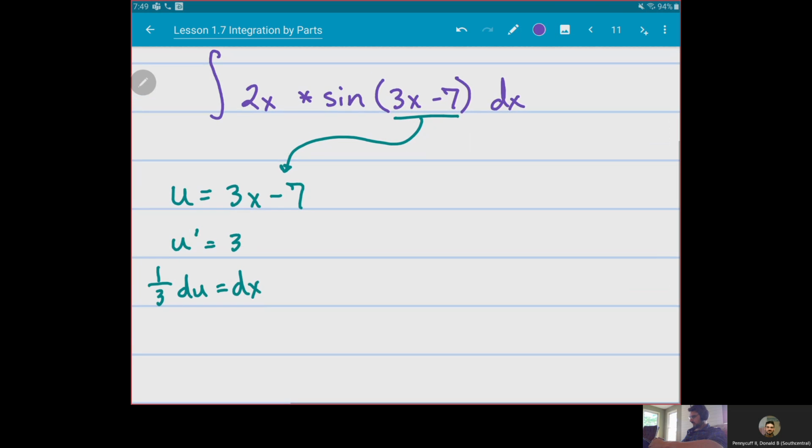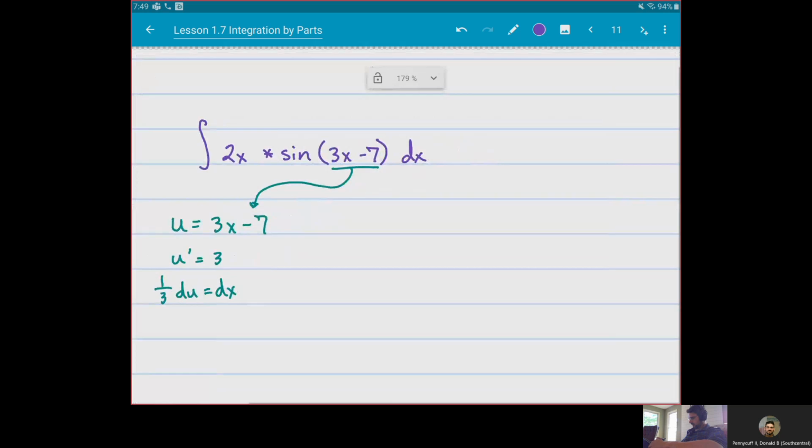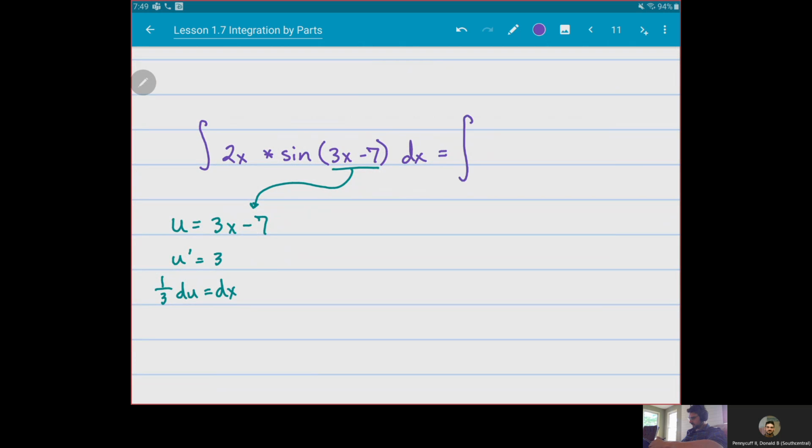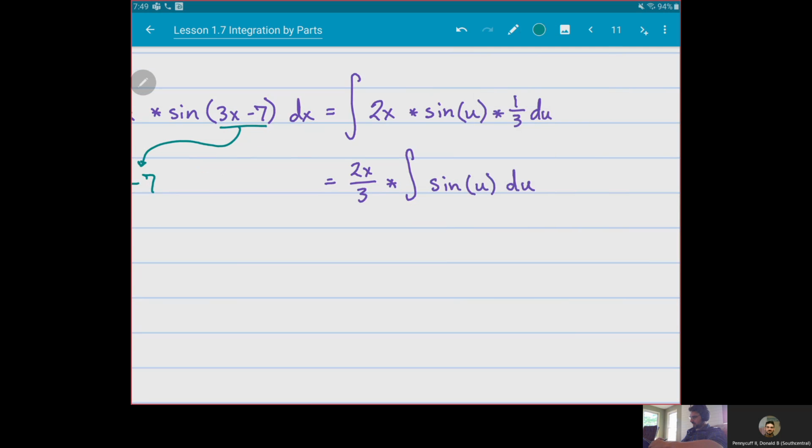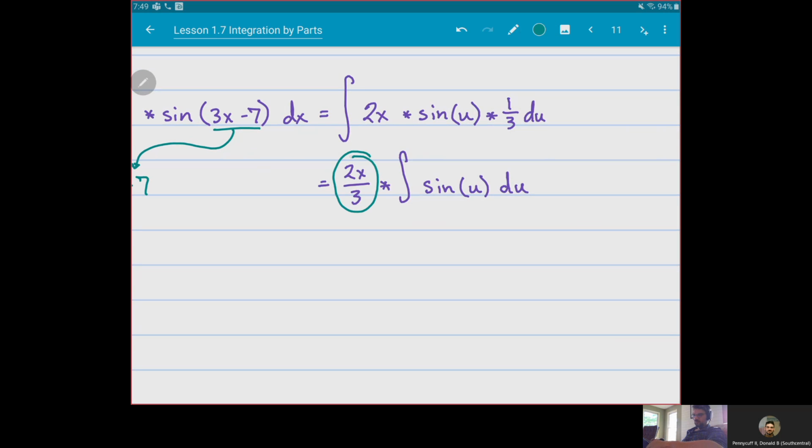So if I plug everything back into my problem, this will give me the integral of 2x times sine of u times 1/3 du. I pull that out front, 2x over 3 times the integral of sine u du. Okay. Now right here out front is the problem, that 2x over 3.